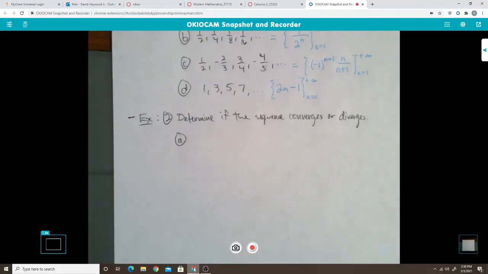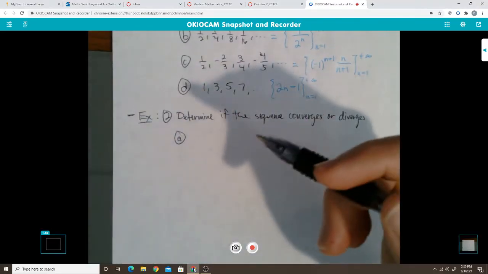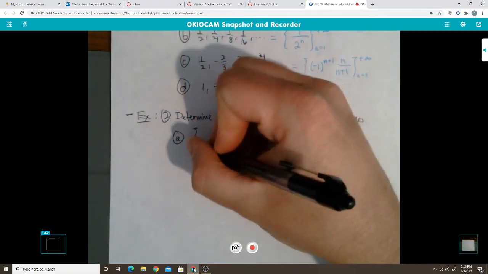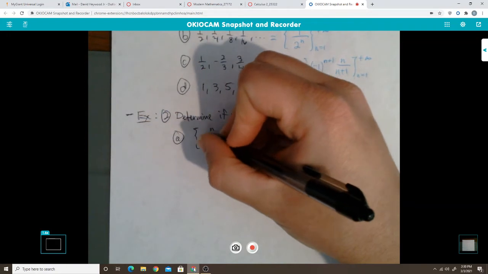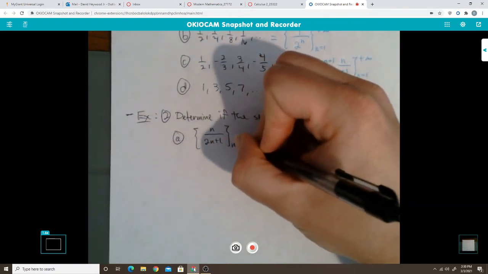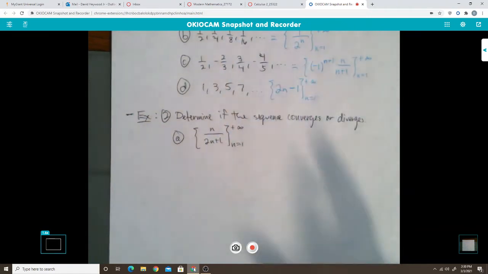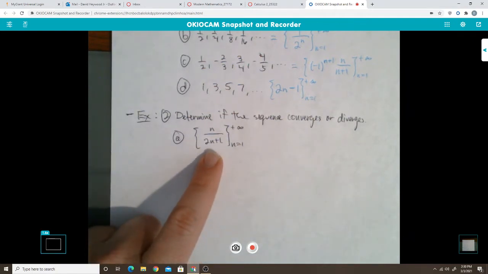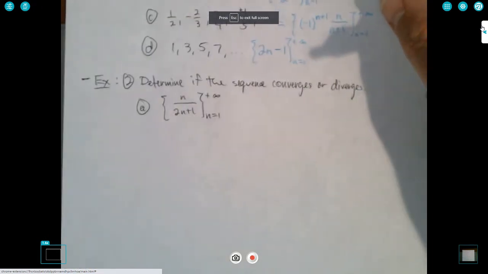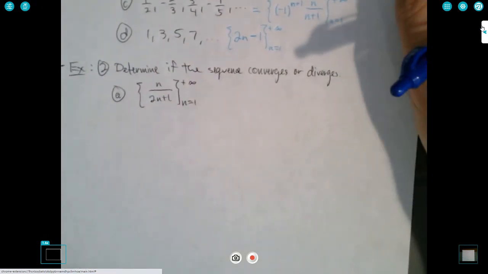All right, so let's determine if the following sequences converge or diverge, and let's do this for n over 2n plus 1 from n equals 1 to positive infinity. To determine if the sequence converges or diverges, all we have to do is take the limit, and if the limit exists and goes to a finite number, then the sequence converges to that same limit.